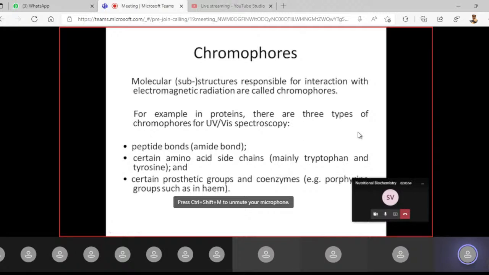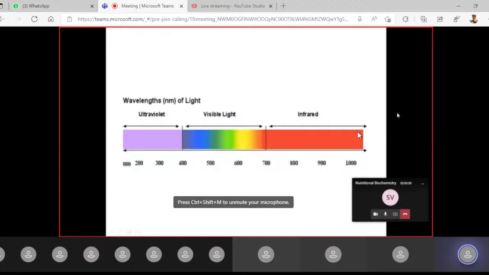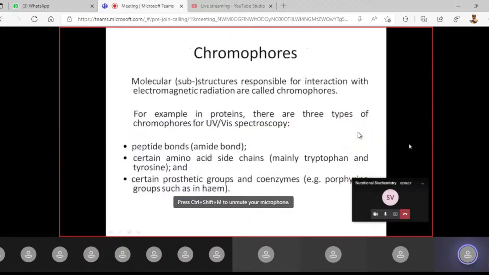UV range is light with the wavelength ranging from around 150 to around 330 or 340. Visible ranges from 400 to 700, light with a wavelength of 400 to 700. So in colorimeter or spectrophotometer, proteins can absorb only in the UV range.